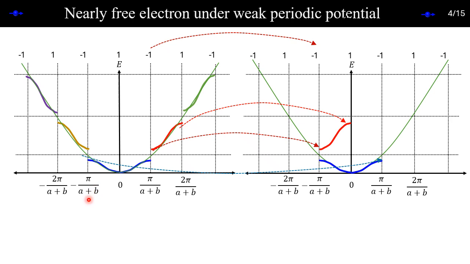Simple, use your cos function. Imagine a point here. This point will be mapped here. E will not be changed. Whatever K we have, we can map it here because they're identical. Same here. So all points in between will be mapped like that.